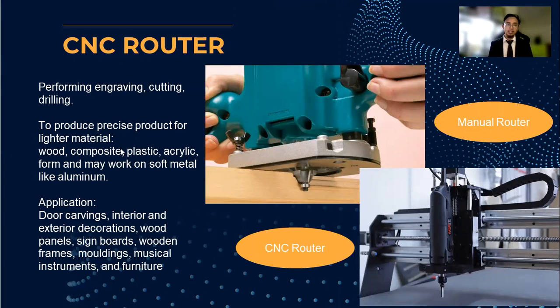A router is a tool that is manually used by hand, manually used by a carpenter. This is a router, and this is a router too, but in a CNC machine the process has been integrated into the CNC router, where the machine controls the movement and the shape.